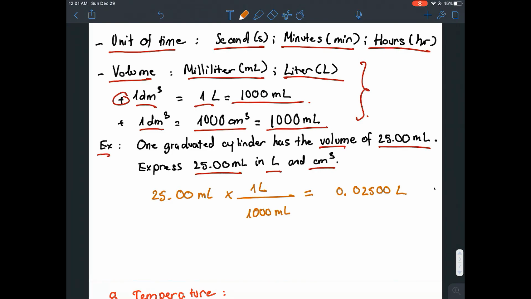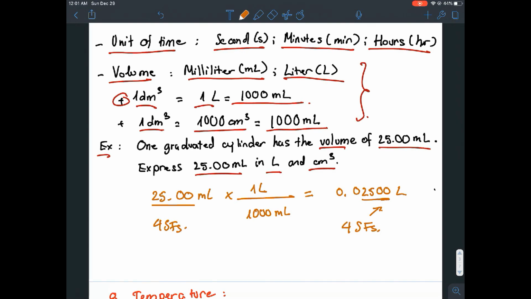Why do we add a couple more zeros here? That is called significant figures, which is covered in an upcoming video. We have 4 significant figures, and as a result we're going to have 4 significant figures, that is 0.02500. And why is that? It's going to be in the upcoming video as well.